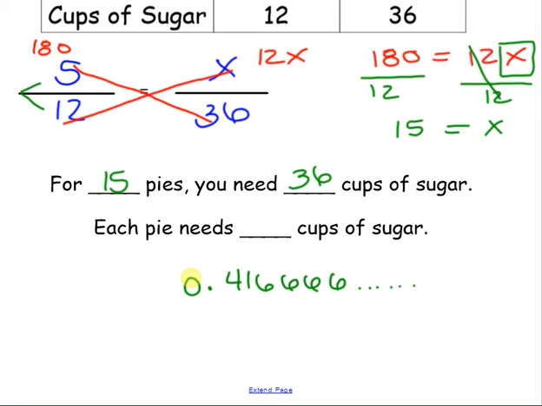Remember that when you get a decimal, I need you to round to the hundredths place. So that's going to be the second number after the decimal point. So if I put my stick here, my 6 is going to tell me what to do to the 1, and it's going to tell me to move it up. So my answer is 0.42 cups of sugar. Okay?